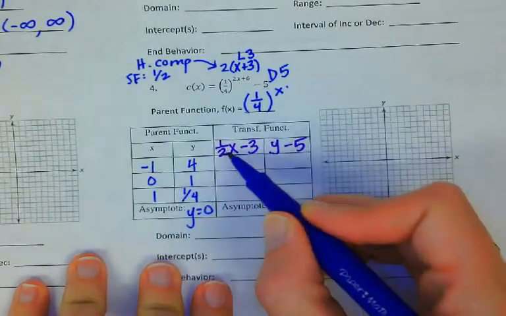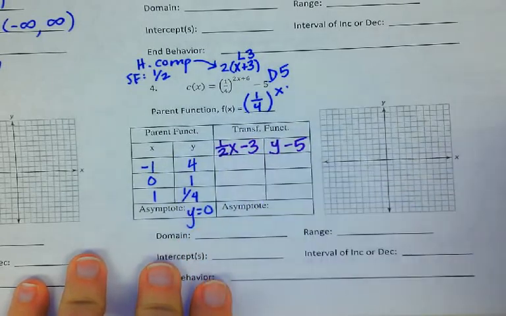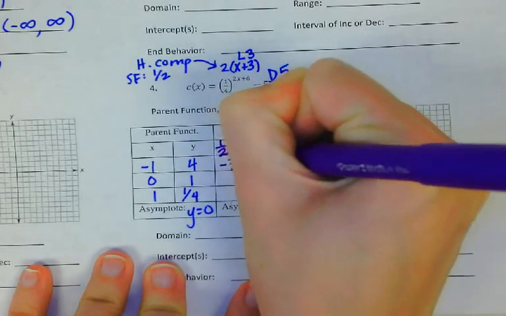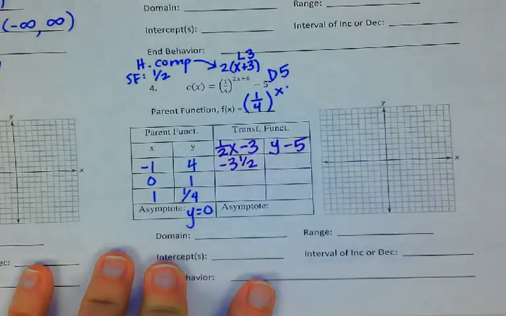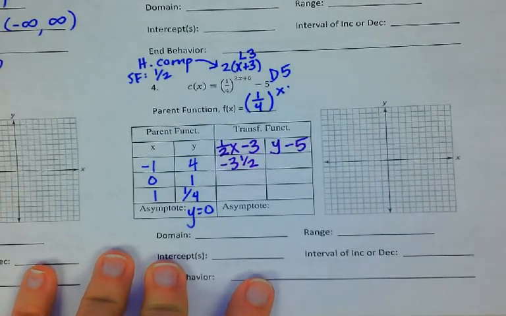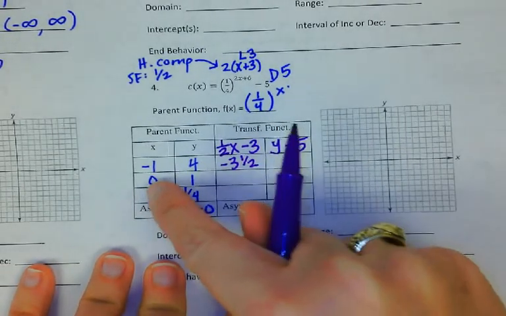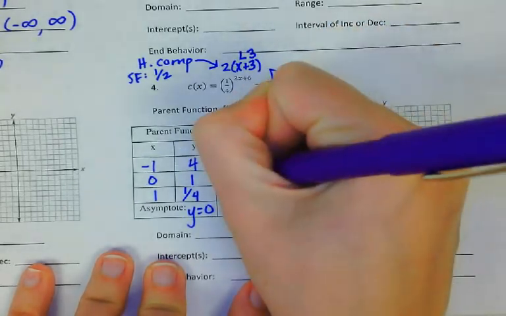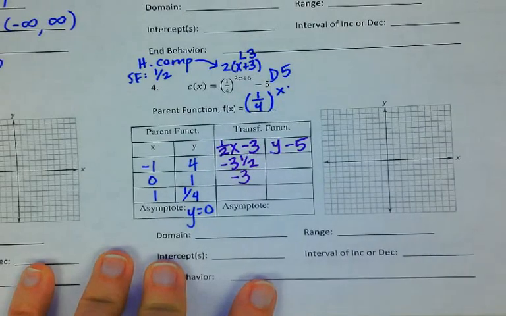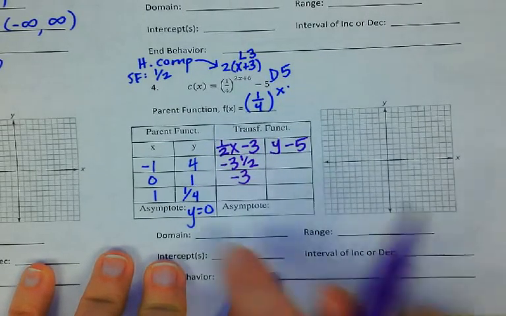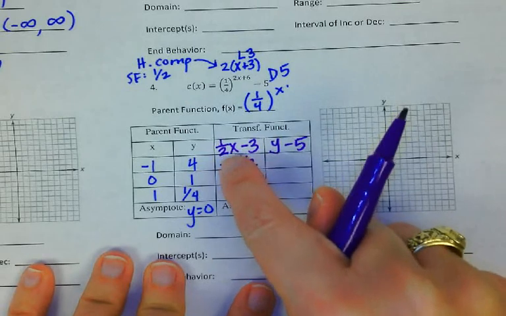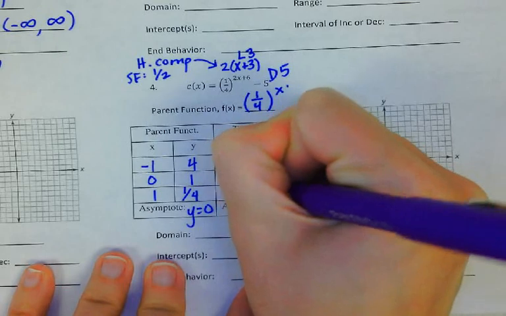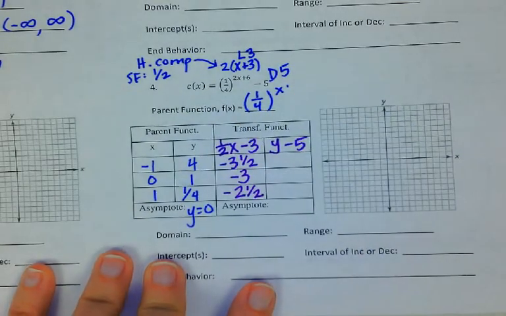Okay, so as I plug in the original x, negative 1 times a half, that'd be negative half minus 3, so negative 3 and a half, or 3.5, or 7 halves, any way you'd like to represent it is okay with me. Plug in your original x of 0. A half times 0 is 0, and minus 3 is negative 3. Plug in your 1. 1 times a half is a half, minus 3 is negative 2 and a half, or 2.5, or 5 halves.